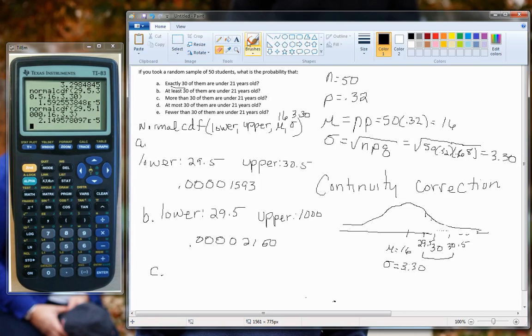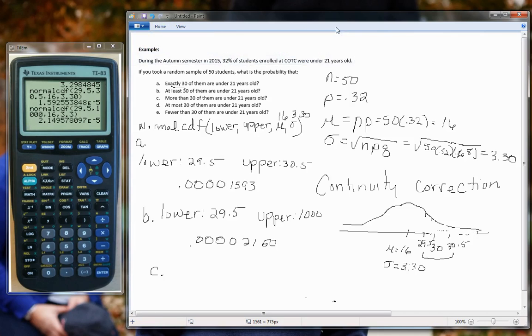When we want strictly more than, we don't want to include 30, so we're going to use our continuity correction, the one that's above 30, the 30.5, and use everything above that. So we're not including 30. We're still going to go up to infinity, or on our calculator 1,000, but our lower limit now is going to be 30.5.